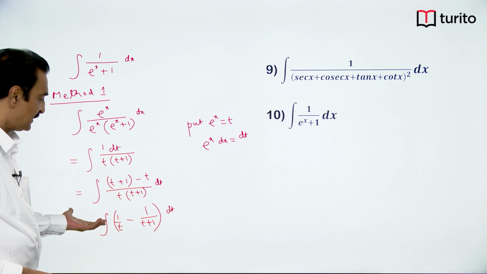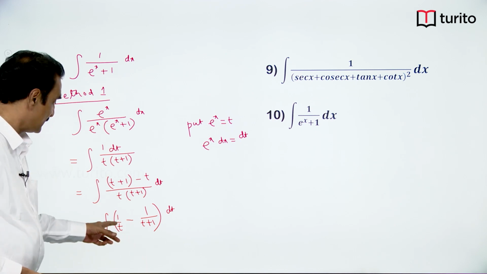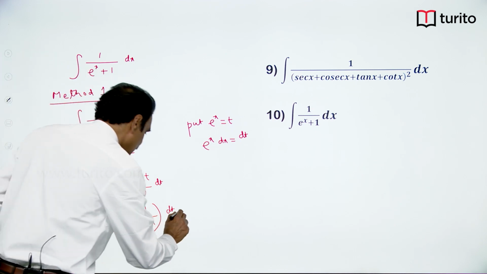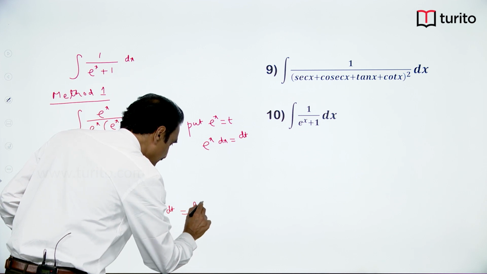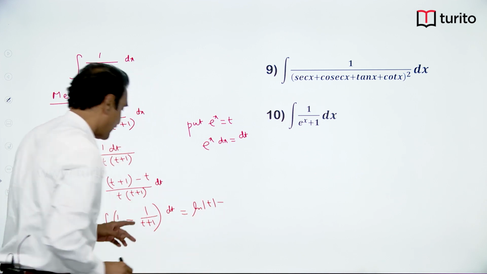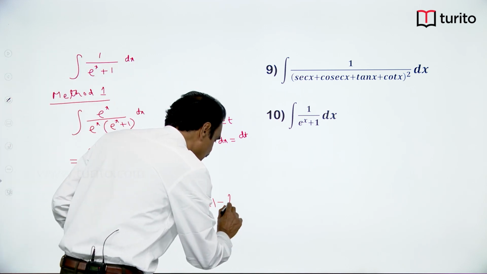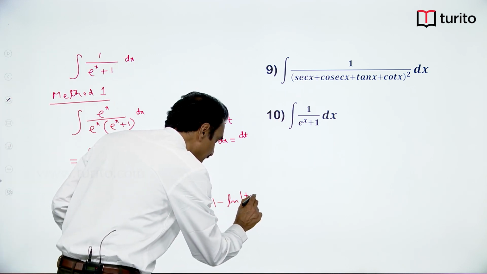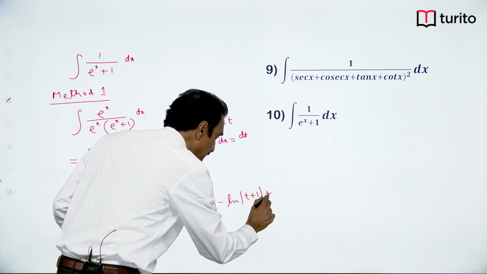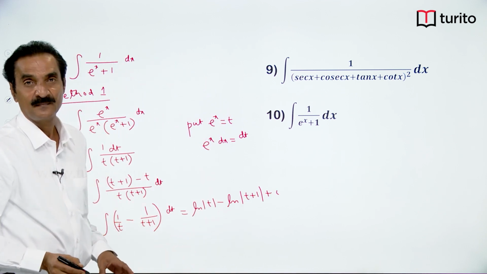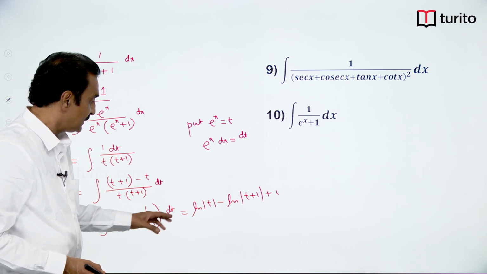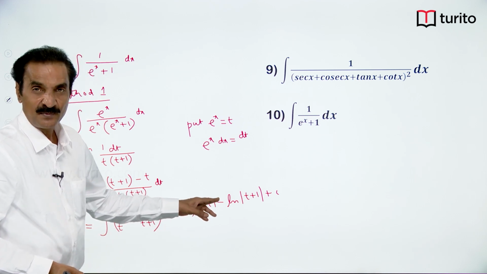Okay. Now, both are known integrals. Integral of 1 by t is ln mod t, minus integral 1 by t plus 1, which is ln mod t plus 1, plus c. Now, ln a minus ln b is ln a by b.